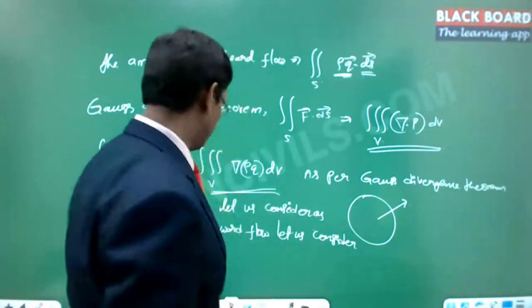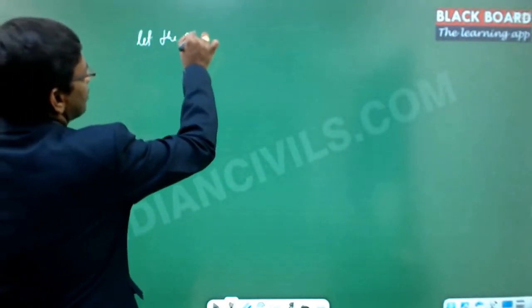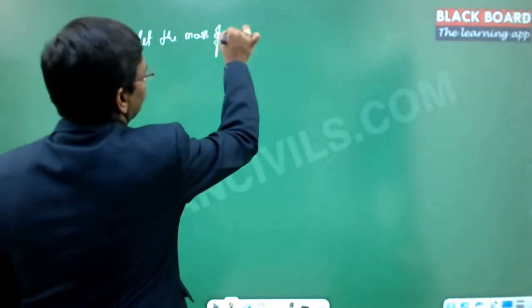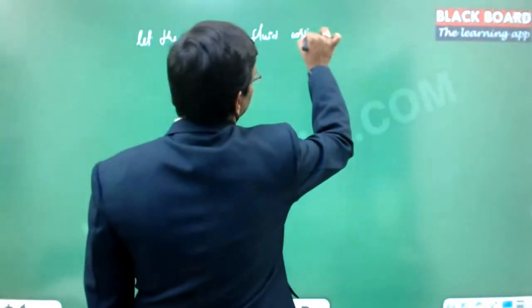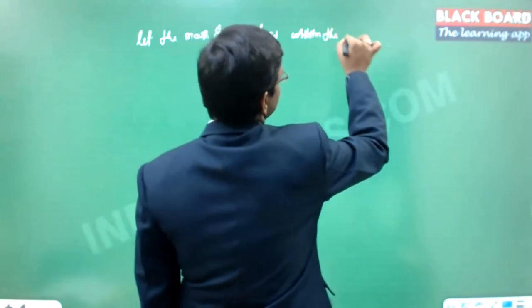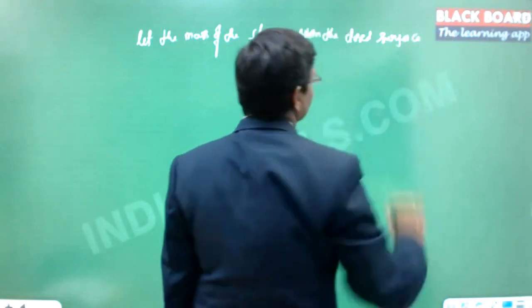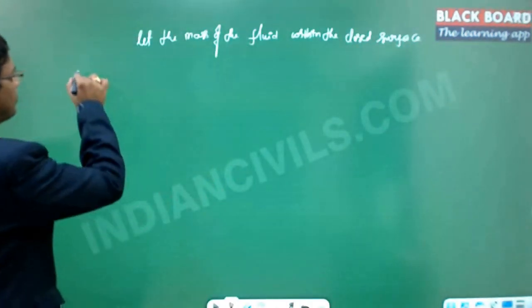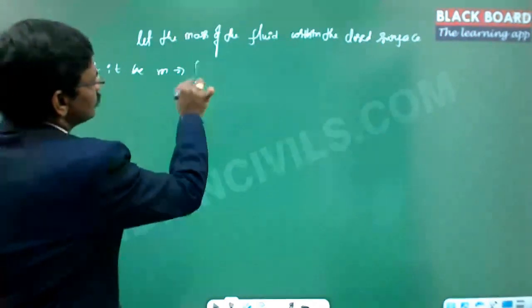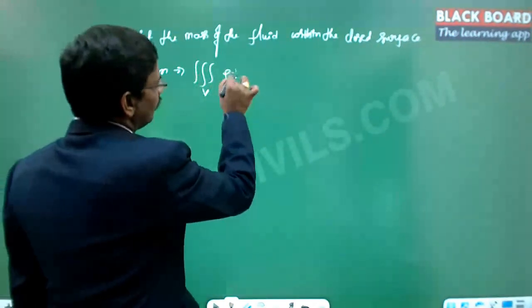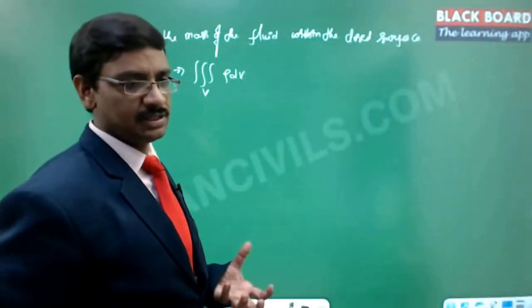So let the mass of the fluid within the closed surface be m, which is equal to, over the complete volume, rho into dv. So this is the complete mass of that particular fluid that is present within that, right?